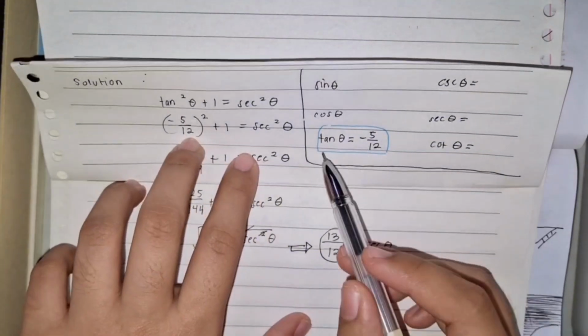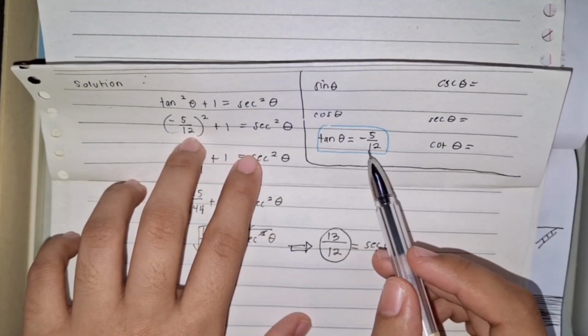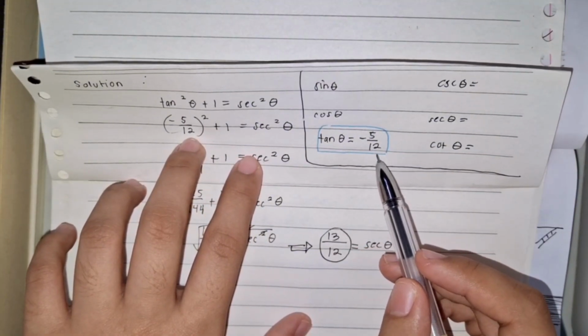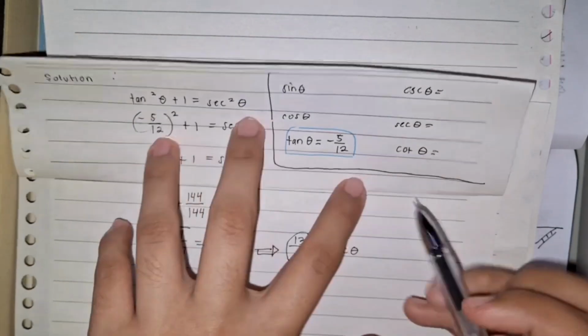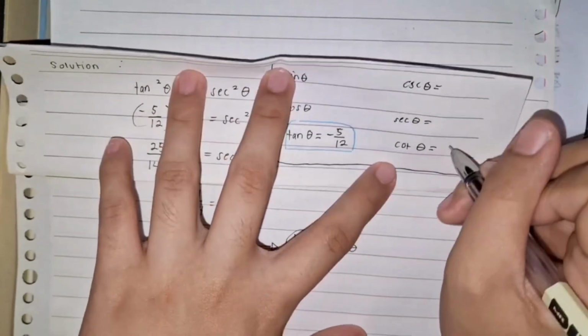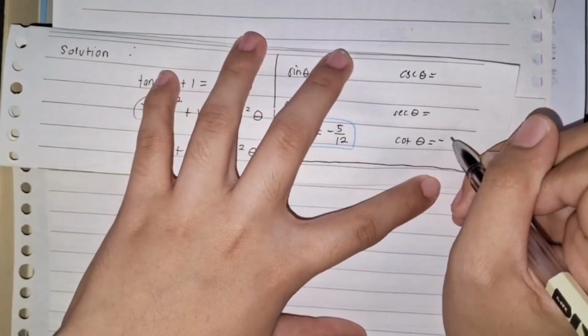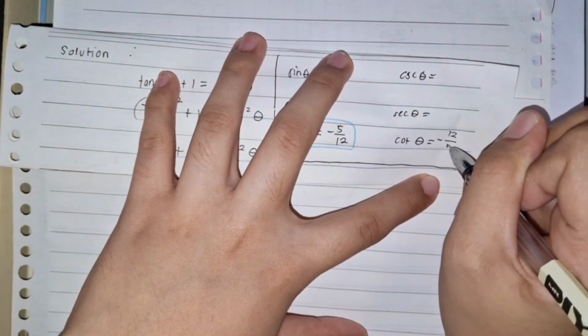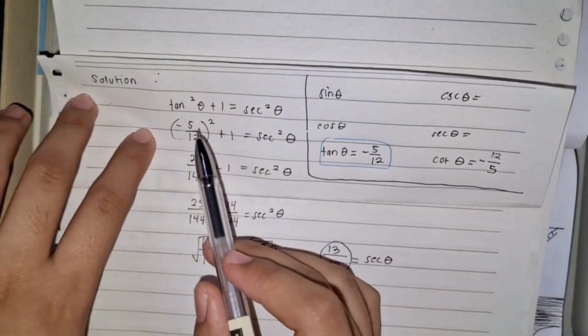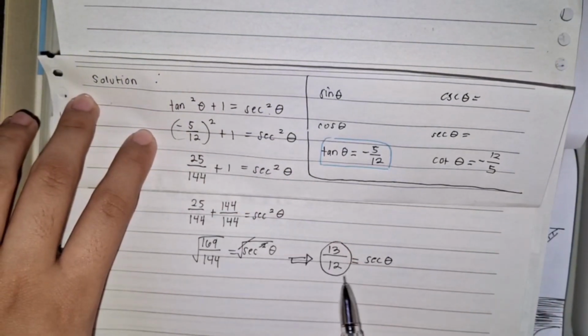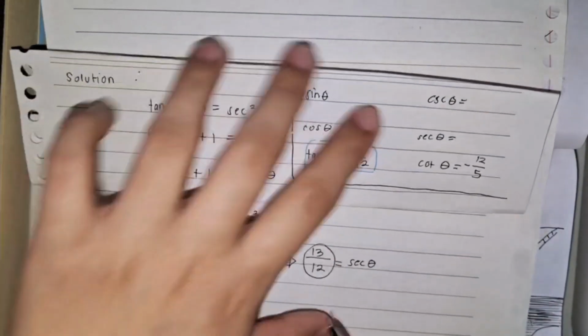Since we already have the given of tan theta, or the negative 5 over 12, we have also obtained the cot theta by getting its reciprocal form, negative 12 over 5. And also after performing this Pythagorean identity, we obtained the sec theta, or 13 over 12.